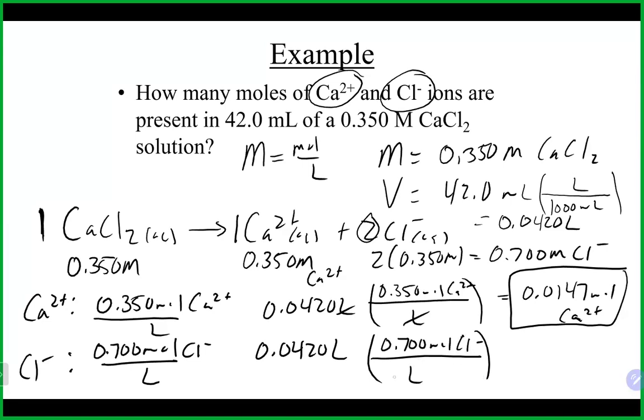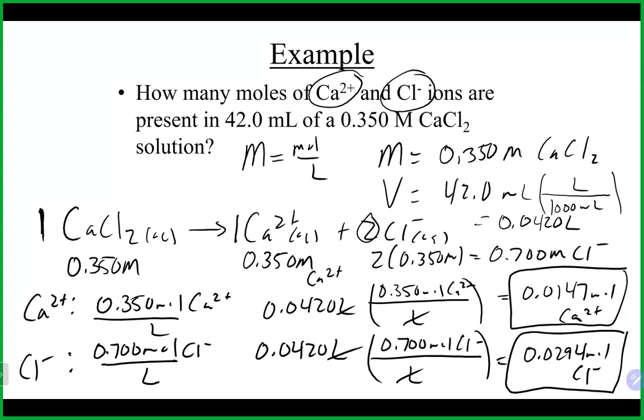Again, the liters are going to cancel, and that's going to get me 0.0294 moles of chloride in this case. Again, twice as concentrated in chloride, twice the number of moles. Any questions on those calculations?